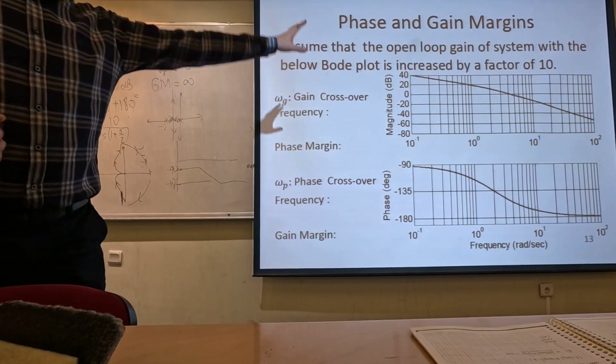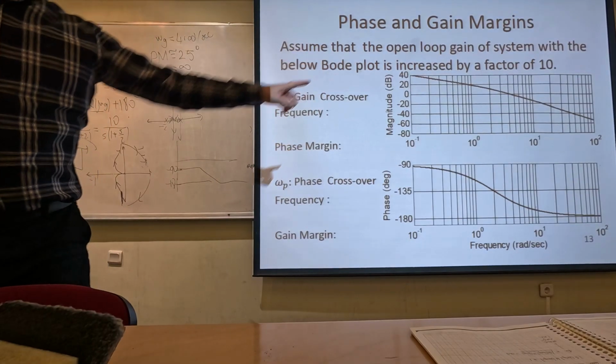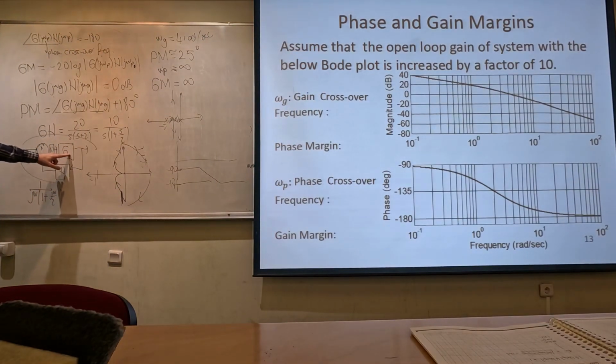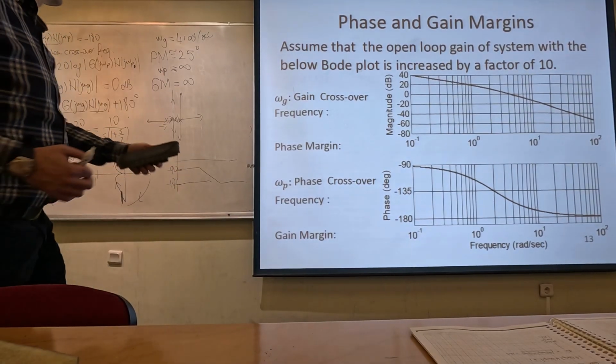This is the Bode plot of the original system, just GH here. From this Bode plot, can we read the closed loop properties, phase margin, gain margin of this system with this gain 10 here? Can we obtain those?